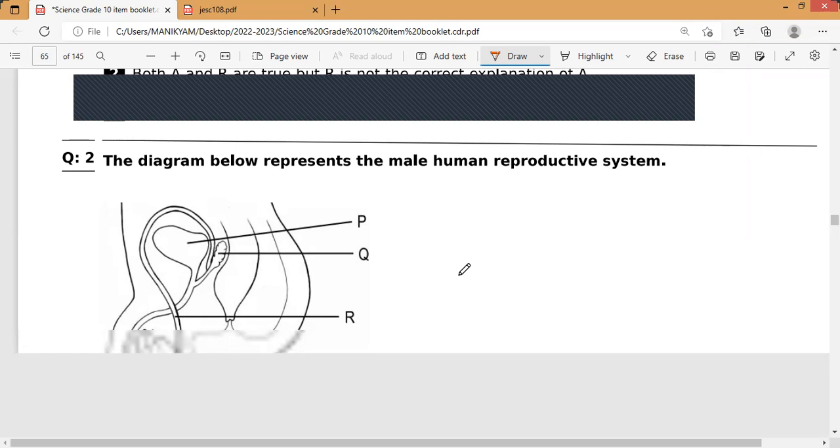We all know it. The testis. If you consider the flow of hormones in our system, the testis secretes testosterone, as well as the sperms. What does it secrete, everybody?